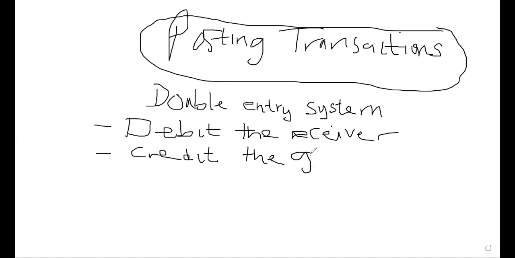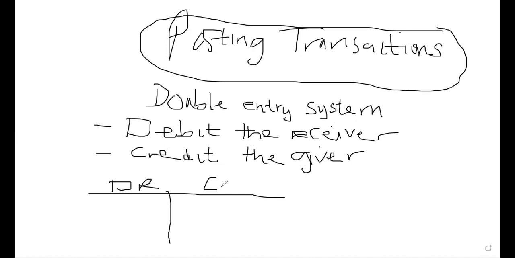So meaning that the one giving away the money is going. When you prepare a T account, this is on the debit side, this is on the credit side, of a transaction.